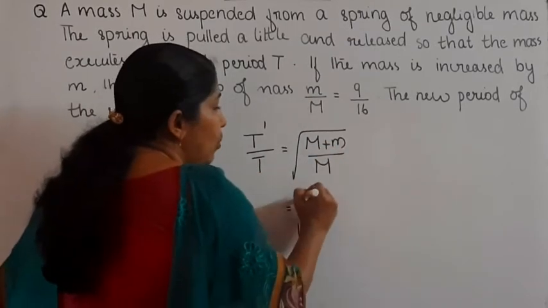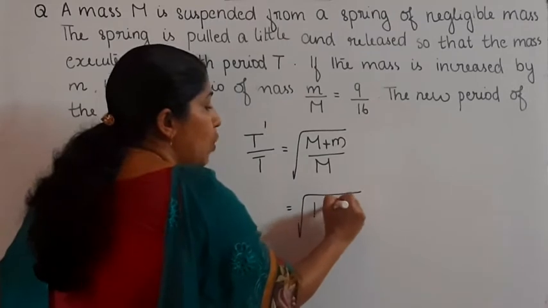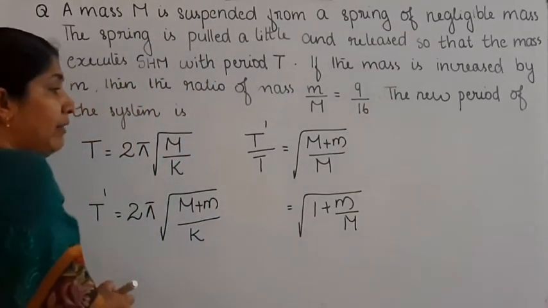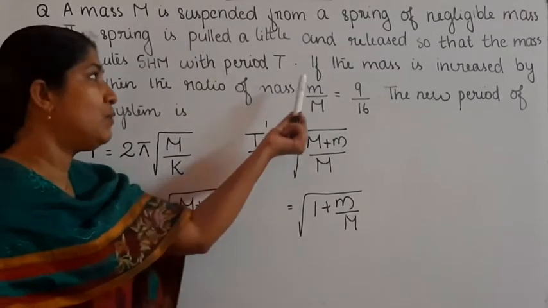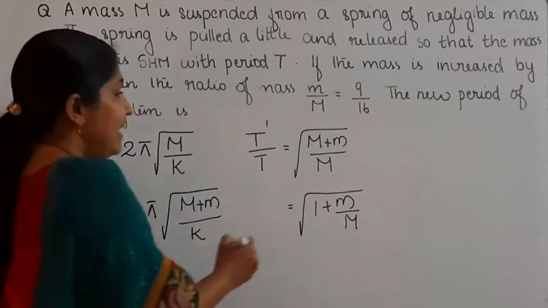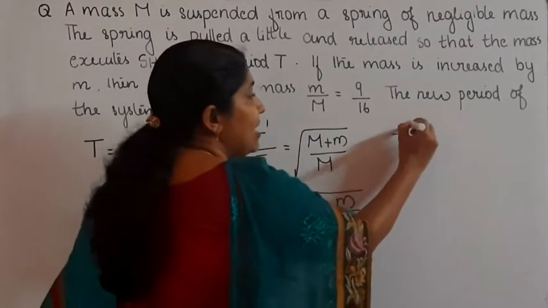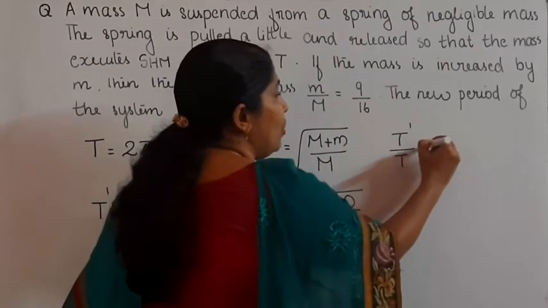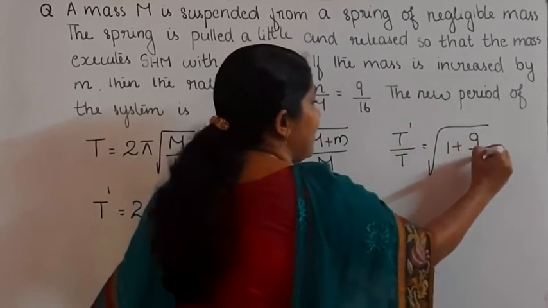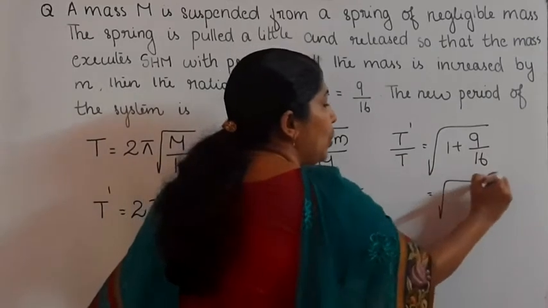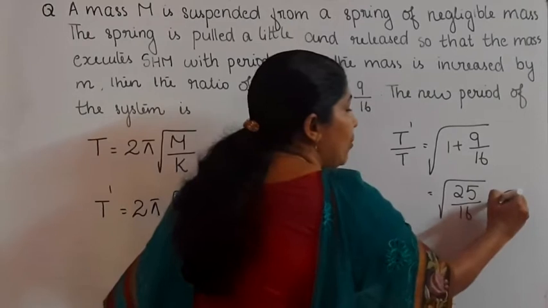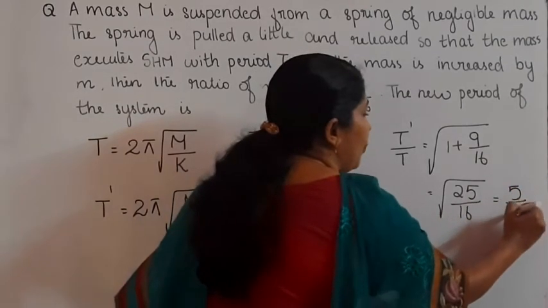Then it's equal to root of 1 plus small m divided by capital M. We know that the value of small m by capital M is equal to 9 divided by 16. Then t dash divided by t is equal to root of 1 plus 9 divided by 16. That's equal to root of 25 divided by 16 equal to 5 divided by 4.